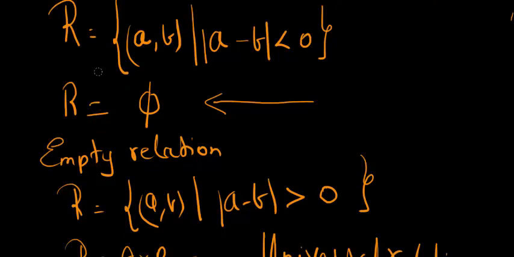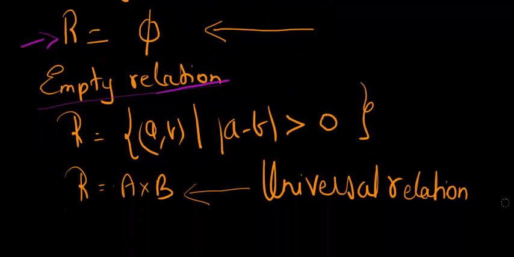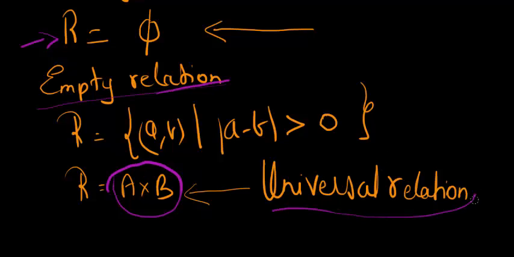So here I defined a relationship which generated a null set, and hence this relation is called an empty relation. And I had another relation which took the entire A cross B, and hence this relation is given the name universal relation.